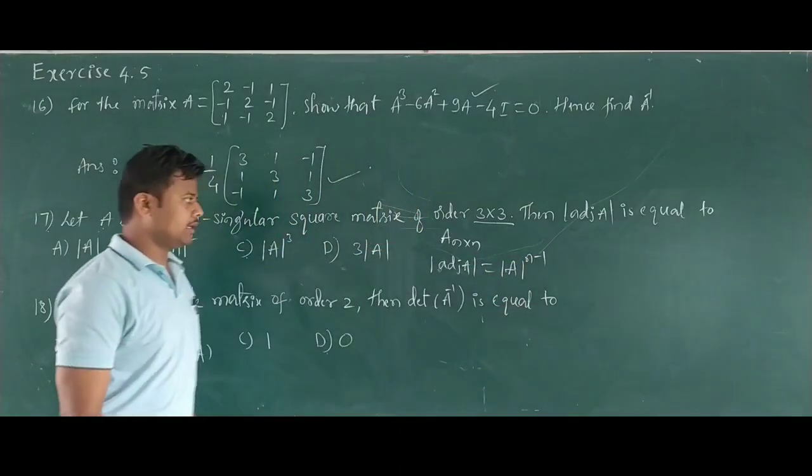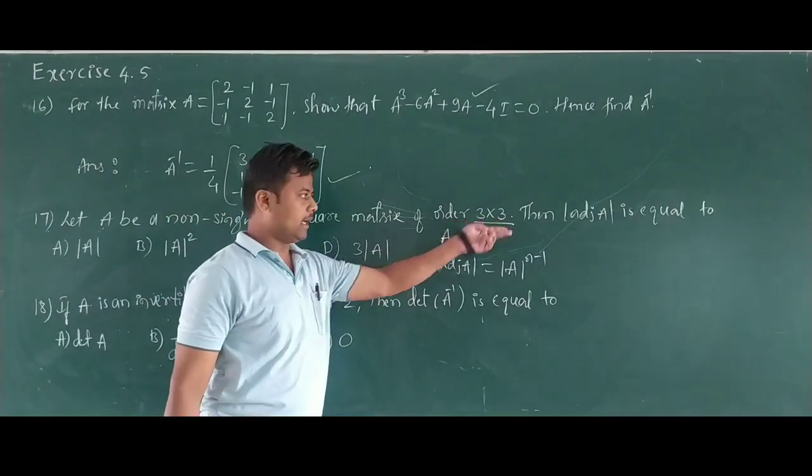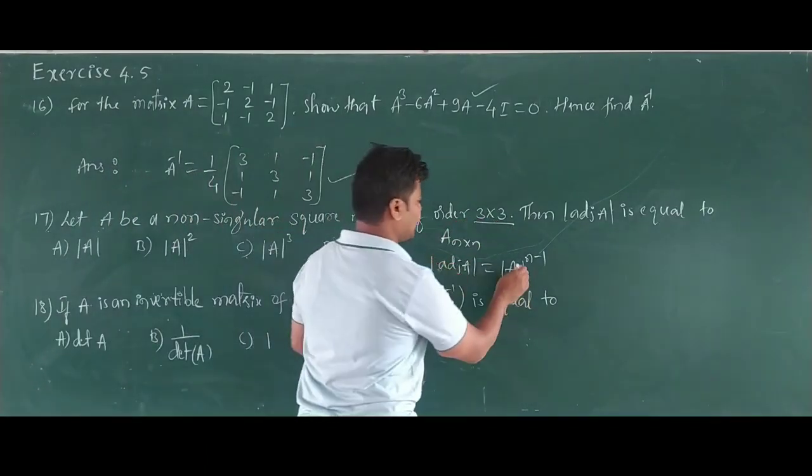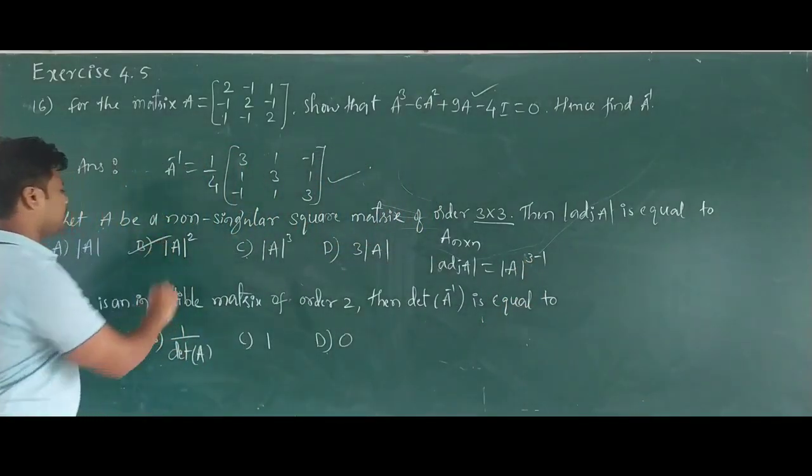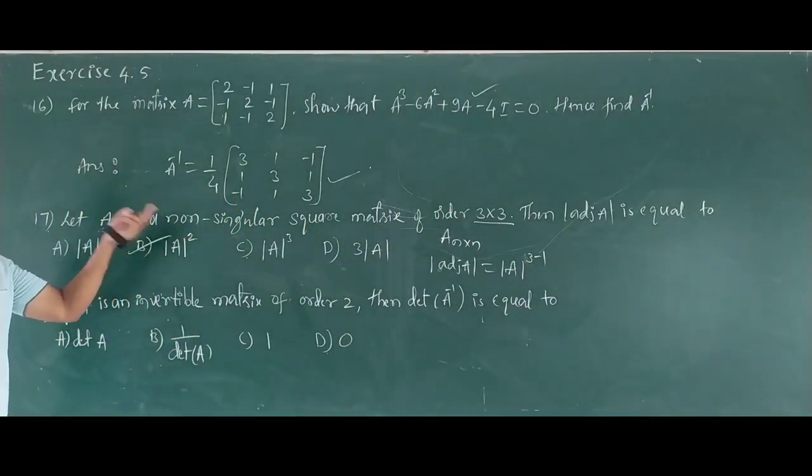The order here is 3 by 3, so 3 minus 1 gives A square. So option B is right, determinant of A square.